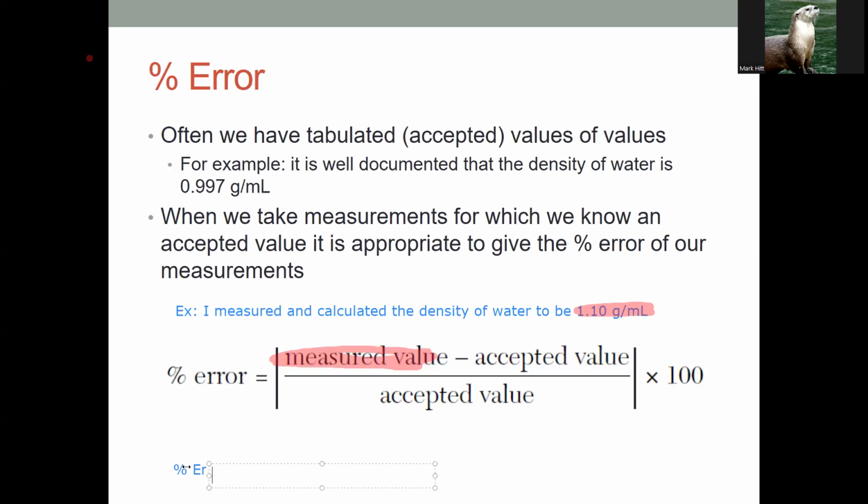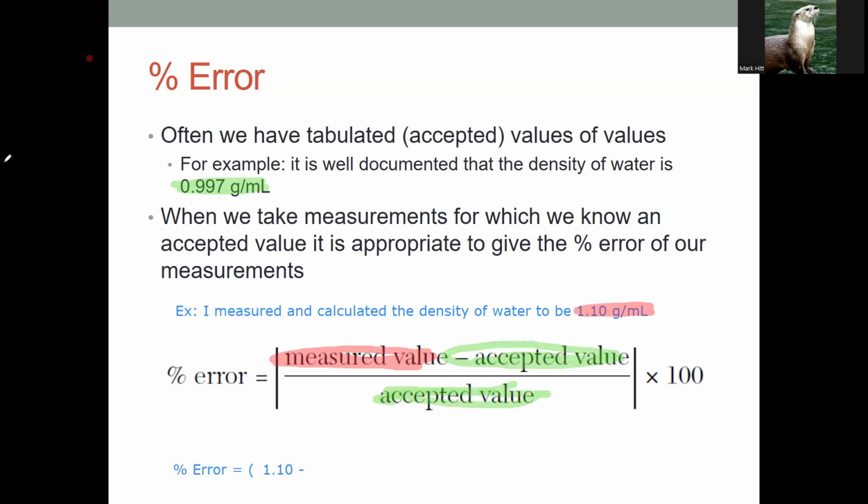So for my percent error, I take my measured value, which is 1.10, and I subtract off my accepted value. My accepted value is the one that is given in the table, the one that we know is well documented, the one from the textbook. In this case, you can see it's a numerator and denominator.